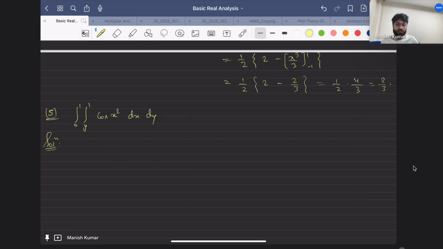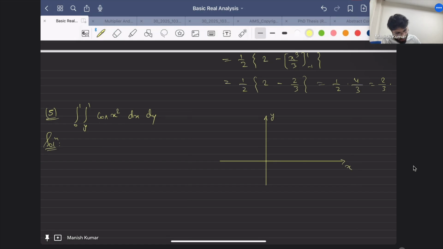So first draw the region, sir. Yeah, so first we'll have to look at the region, like how this integration is done, right? So let me draw this. So this is your x, this is your y. Okay, so x is varying from y to 1.